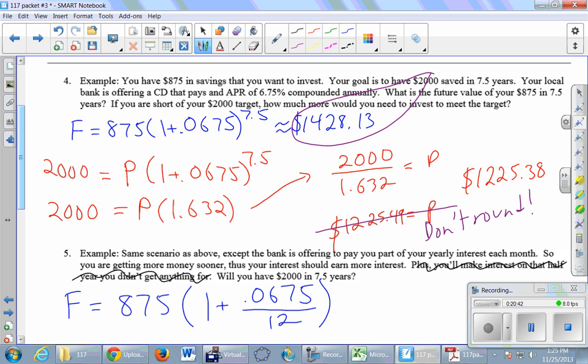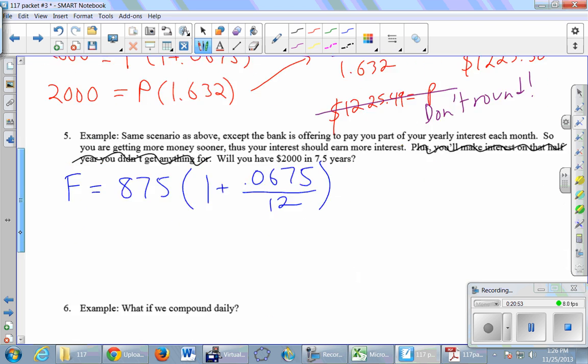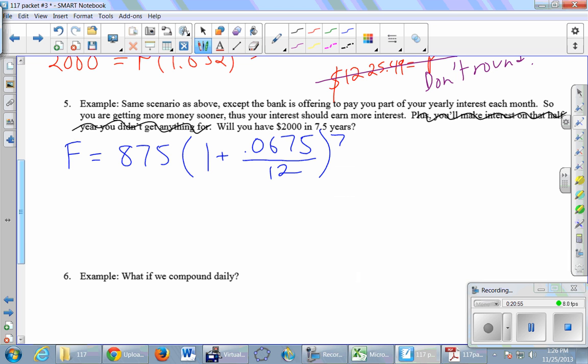We're just going to take that 7.5 years and multiply it by the number of months, 12. Just multiply 7.5 by 12, and that's what we're going to put up here. So what is it? 90.